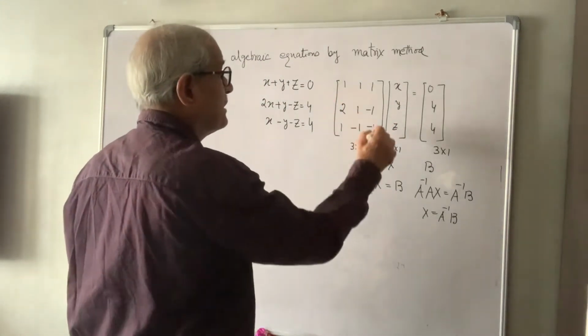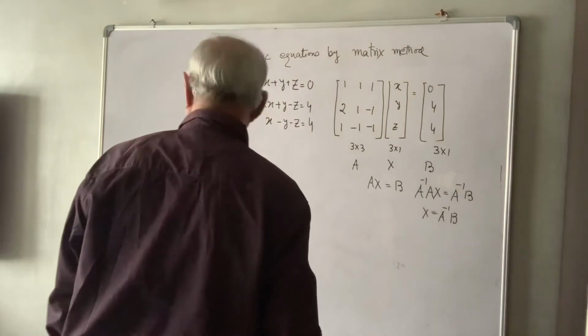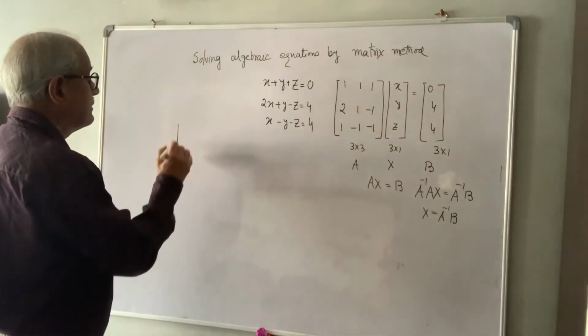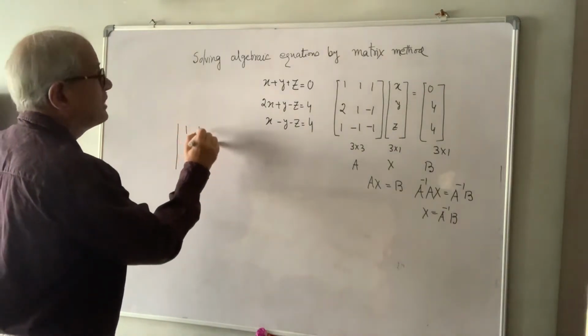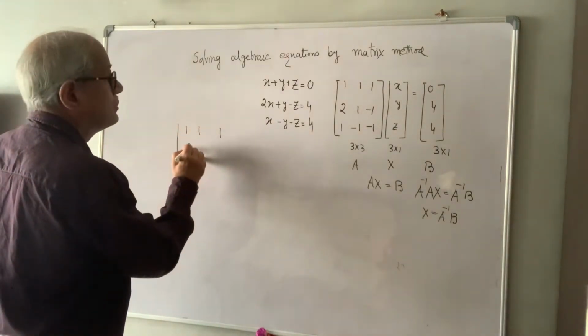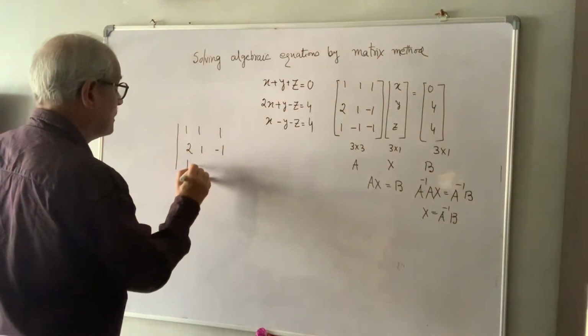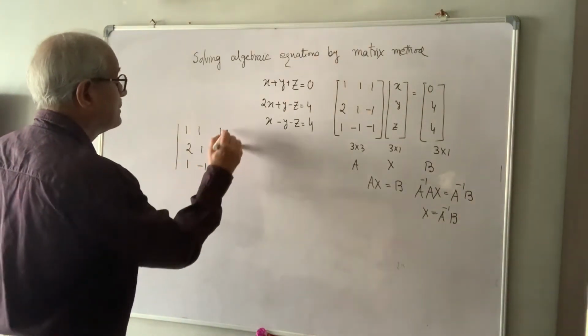Now this is a square matrix, so it has a determinant, and the value of the determinant we'll find. The matrix is 1, 1, 1, 2, 1, minus 1, 1, minus 1, minus 1.